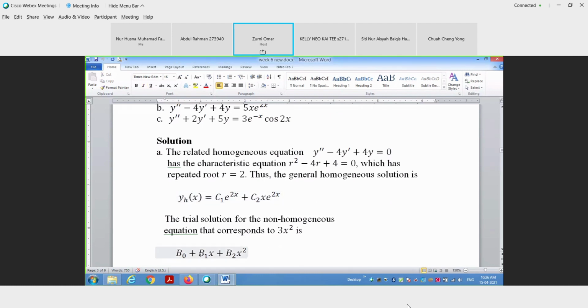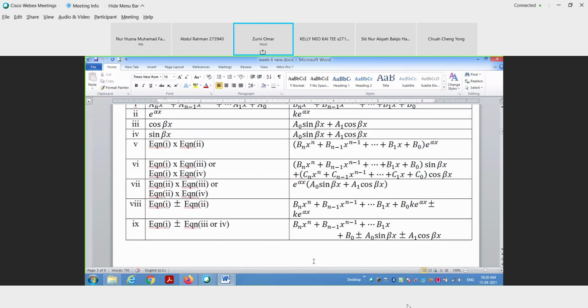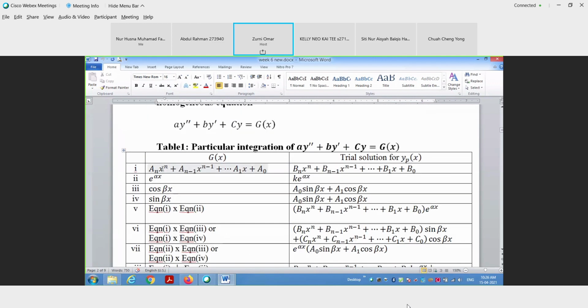Now let's find the trial solution. We have 3x squared, which is a polynomial of second order, where n is equal to 2. Your trial solution will be a polynomial of order 2 as well.